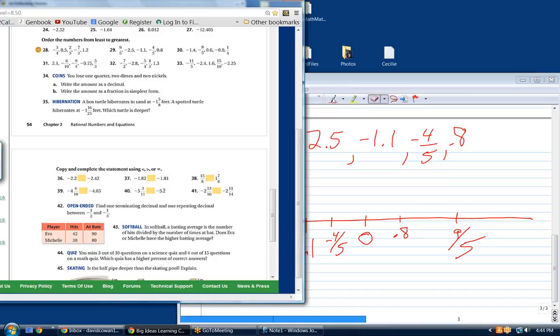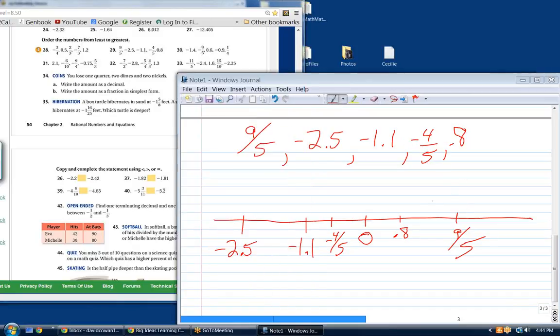Okay, hold on. Let's convert negative 8/5 to a decimal. So that would be negative 1 3/5, which would put us at negative 1.6, right? Correct. So that actually goes to the far left.